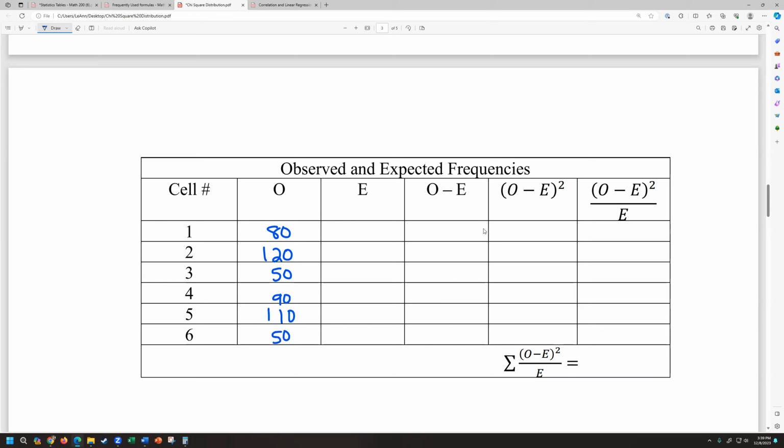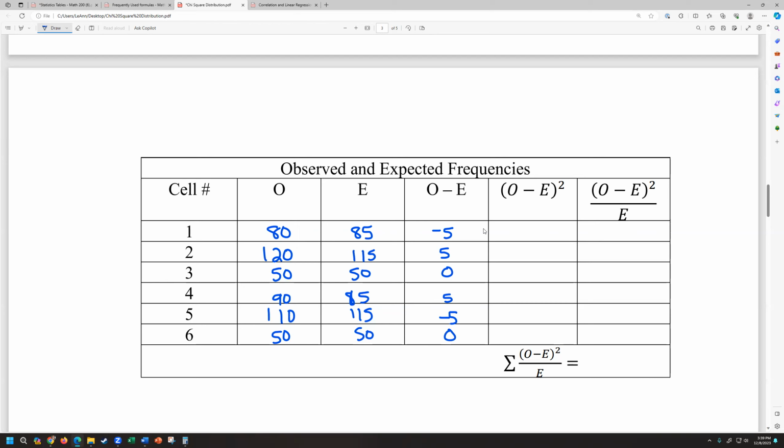The expected values we just came up with using the formula for E were 85, 115, 50, 85, 115, and 50. When we subtract those, we get -5, +5, 0, 5, -5, and 0.